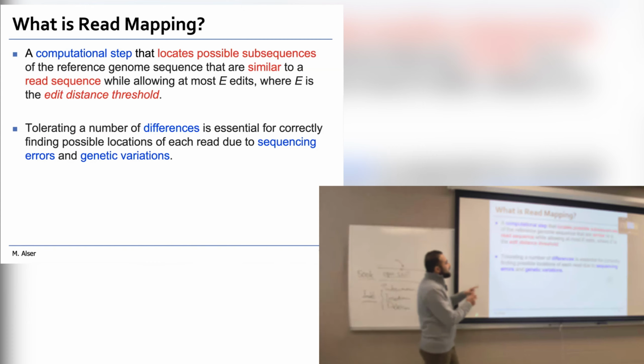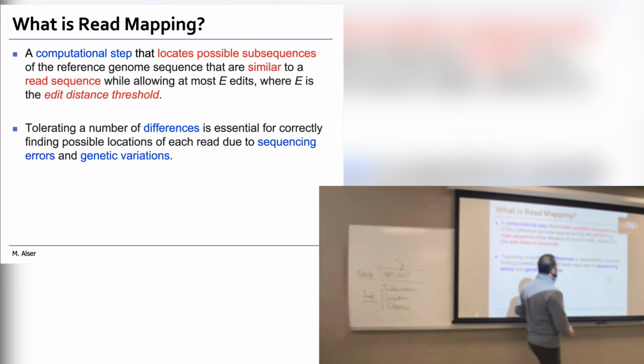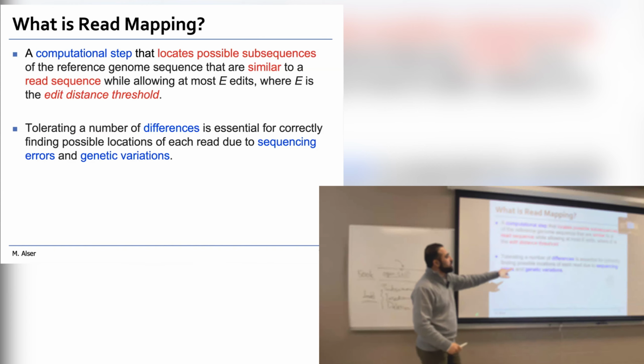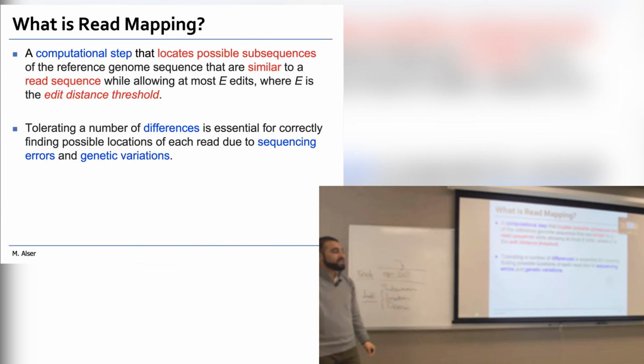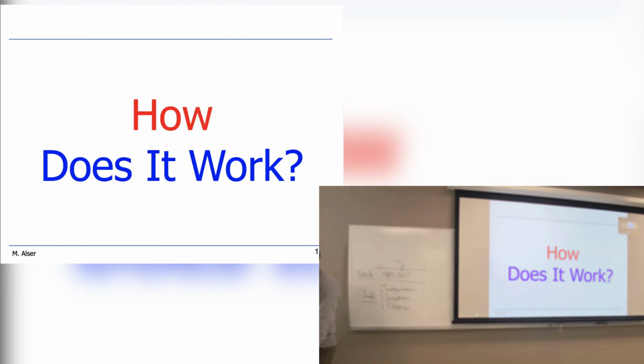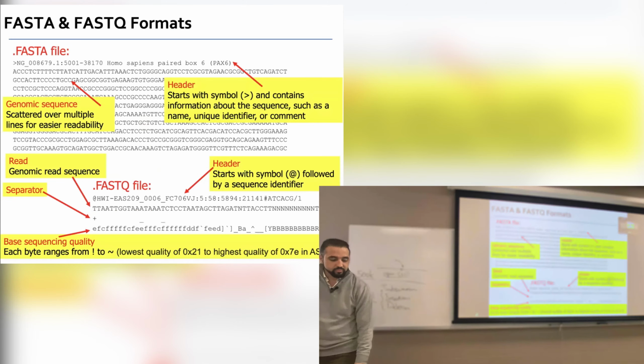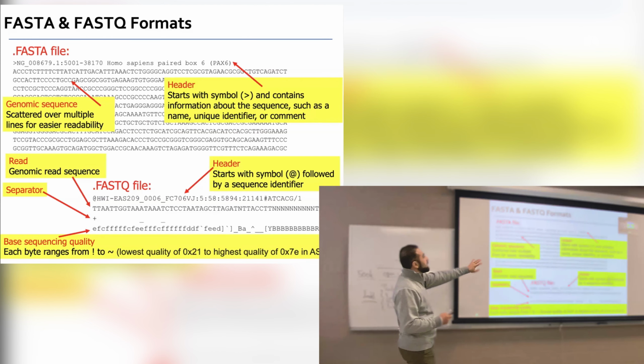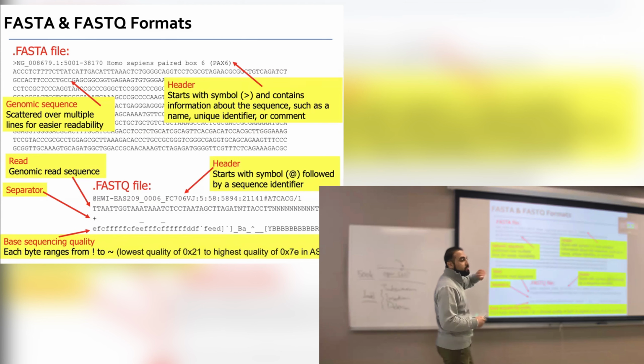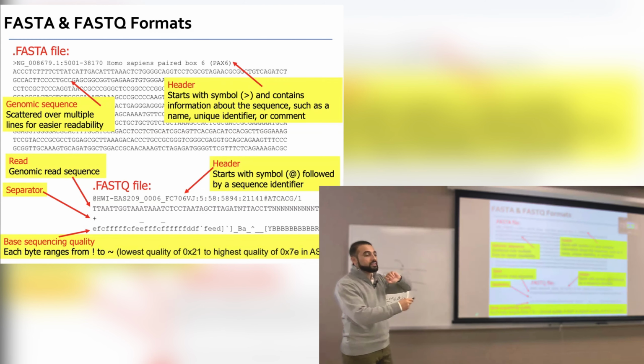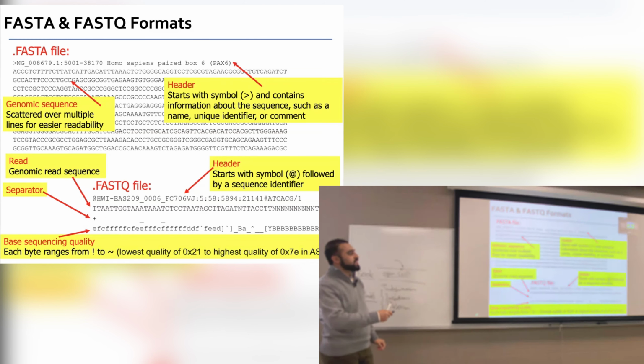All right, now tolerating a number of differences is essential for correctly finding the possible location of each read due to sequencing errors and genetic variations, right? Now we agree on the definition of read mapping, but how does it work? First, we need the reference genome, which we call FASTA format, and we talked about how this is structured.